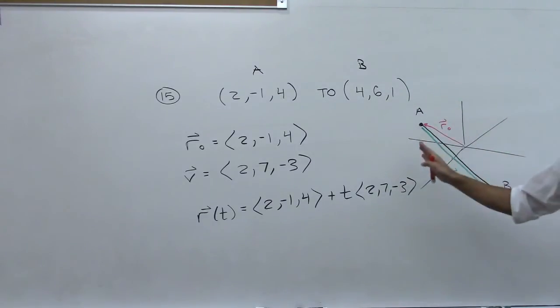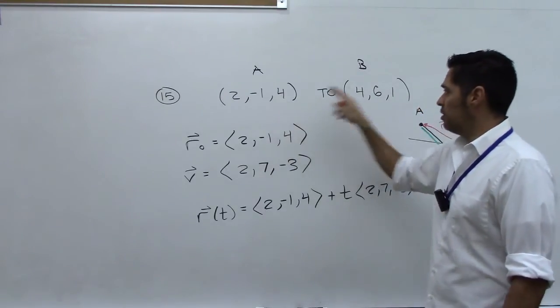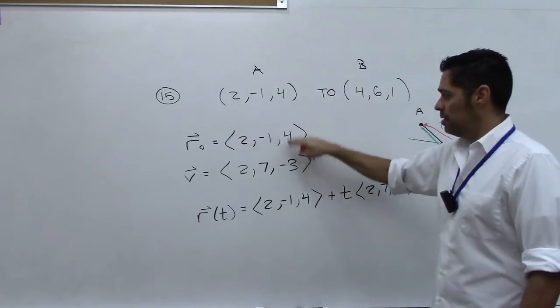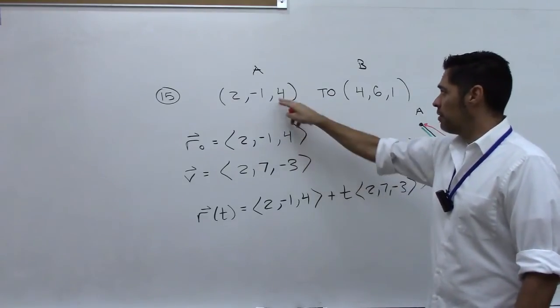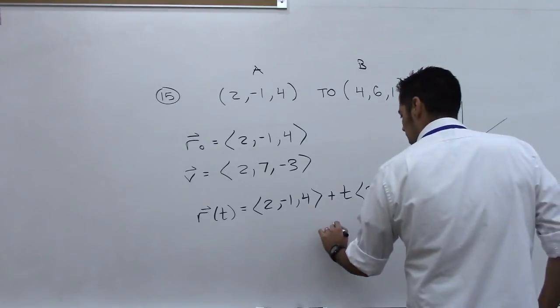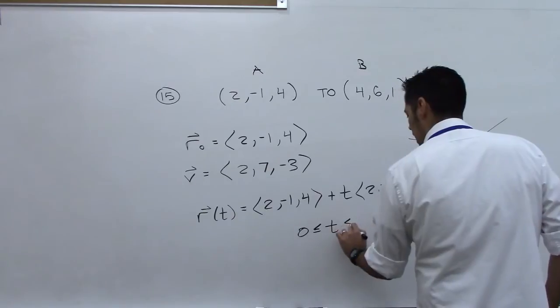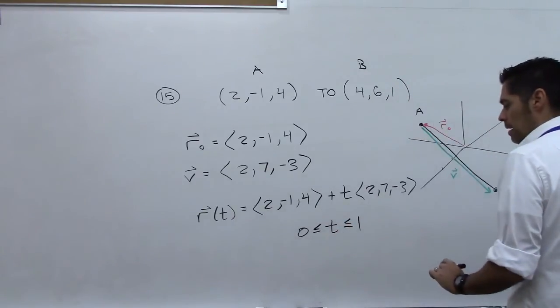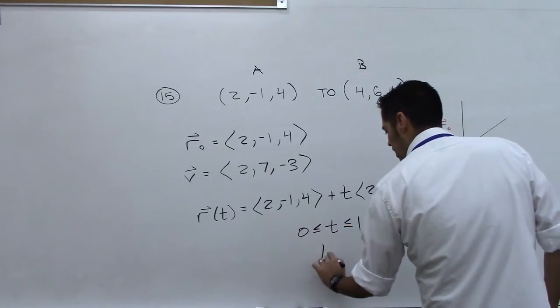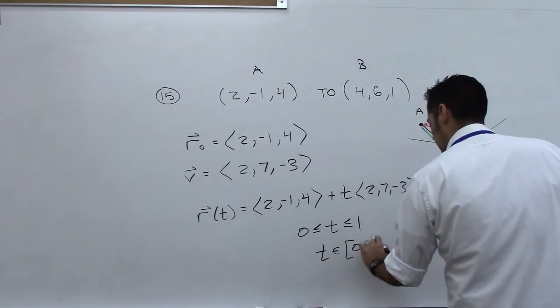But if you do it the way I showed you here, you start at this point, you're going to this point, so you convert this to the vector, you use the vector from A to B as your v, then you will always just restrict t between 0 and 1. Now, you could also write that t is an element of the closed interval 0, 1.